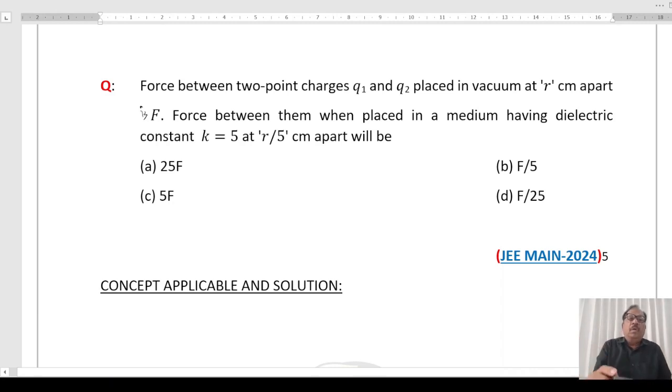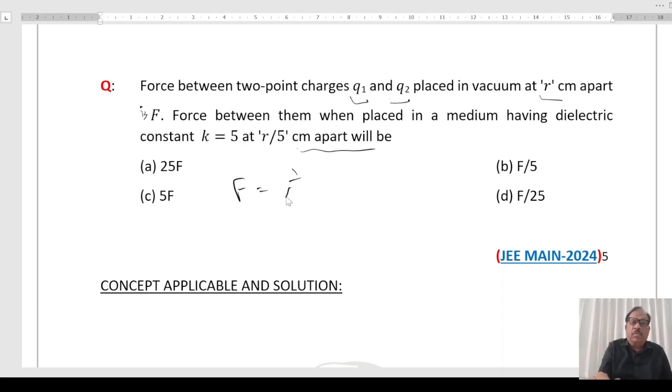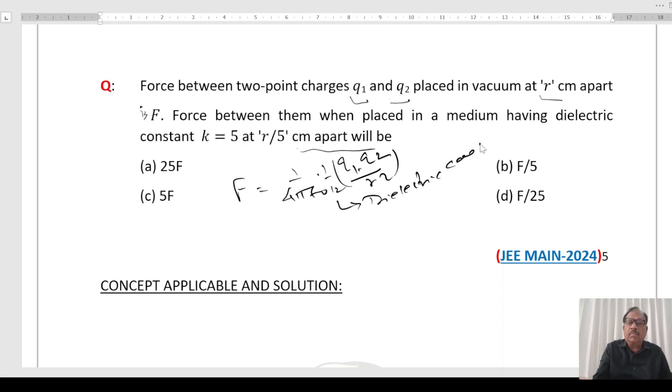The question is: the force between 2 point charges Q1 and Q2 placed in vacuum at r centimeter apart is F. What will be the force between them when placed in a medium having dielectric constant K equal to 5 at r equal to 5 centimeter? As we know, F is 1 over 4 pi epsilon naught Q1 Q2 on r square, times 1 by K, where K is the dielectric constant.